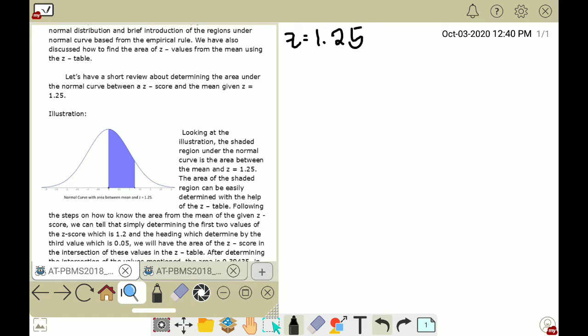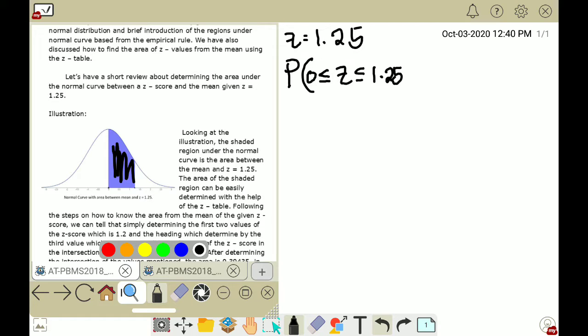The illustration shows that the area covered from the mean to 1.25 is given by this shaded portion. We express the area from the mean as z such that it is between 0 and 1.25. That's how you express the probability.